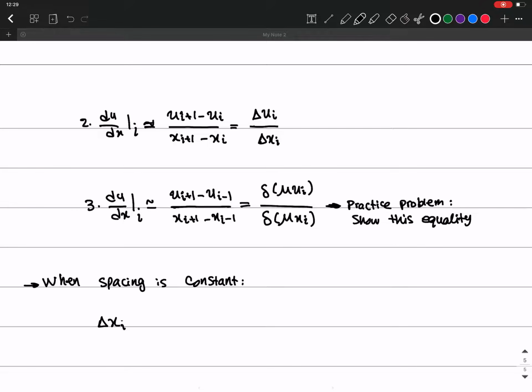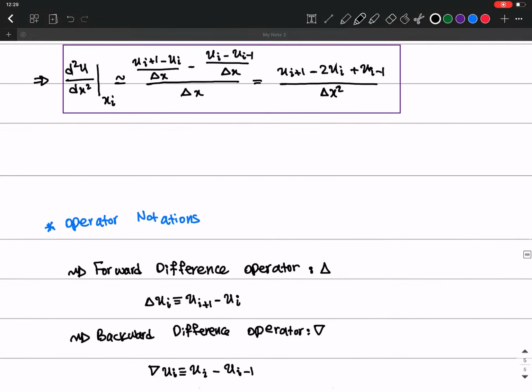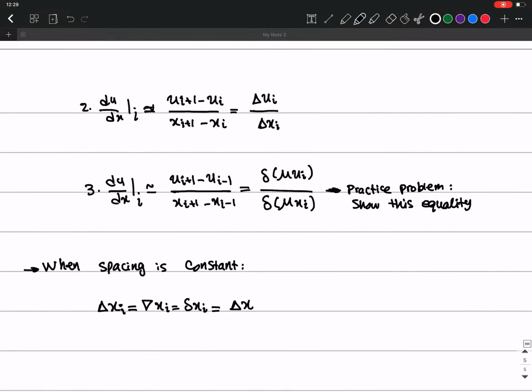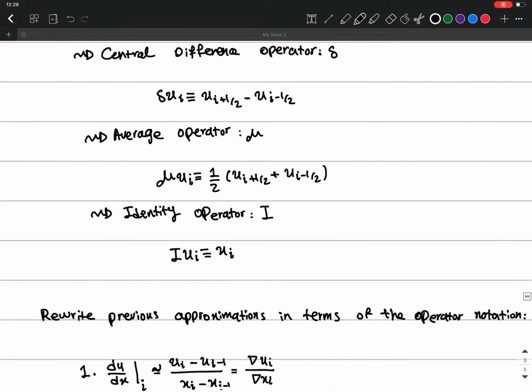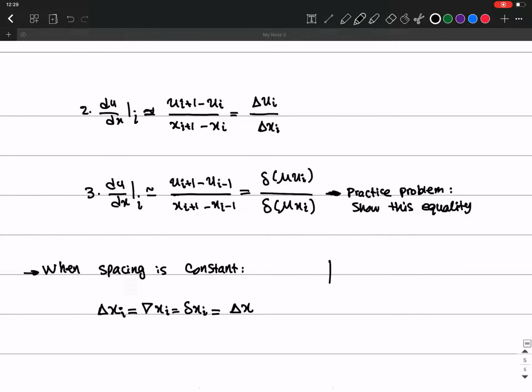So delta xi is equal to grad xi and the central difference operator, and they all equal a constant delta x. This is valid only if the spacing is constant. If your spacing is not constant when you are doing finite difference, then this doesn't hold.